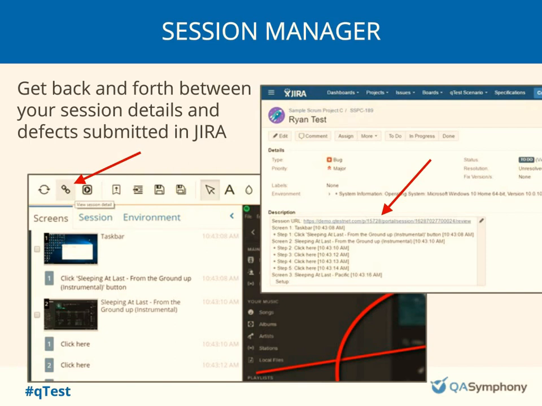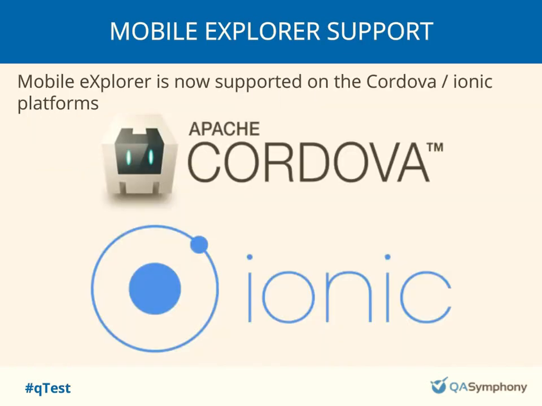And then for all those using Mobile Explorer, we've got a lot of feedback on using different platforms to do their mobile development. Apache Cordova and Ionic were two of the main ones we kept hearing. So now we've expanded our Mobile Explorer support on multiple platforms outside of Xcode, Android Studio, Eclipse, things like that, moving more towards Apache Cordova and Ionic.